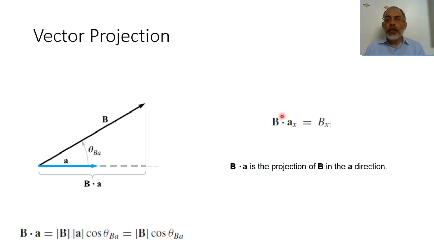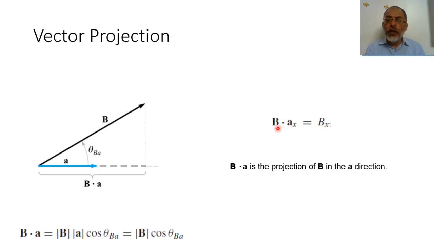If we are saying B dot AX, we see that B is Bx in the x direction, By in the y direction, Bz in the z direction, so only the x component will contribute to this one. So in this case, Bx multiplied by AX dot AX would be Bx.